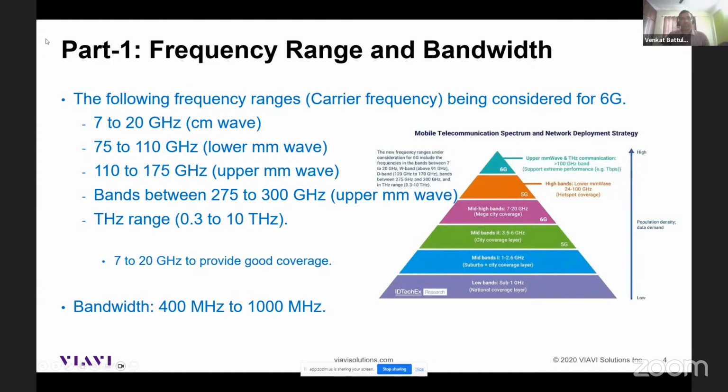You can see it'll start with 7 to 20 gigahertz. 6 to 7 gigahertz is already occupied by 5G. So the logical step would be 7 to 20 gigahertz, centimeter wave, as the first deployment of 6G.